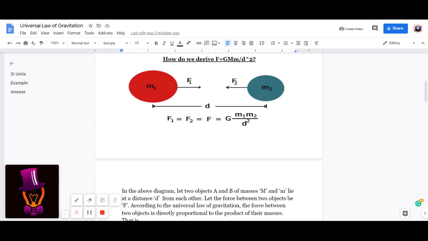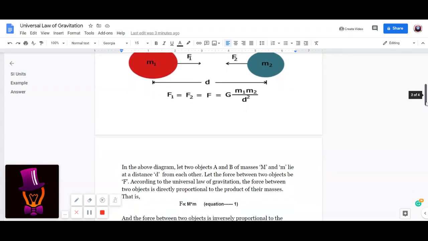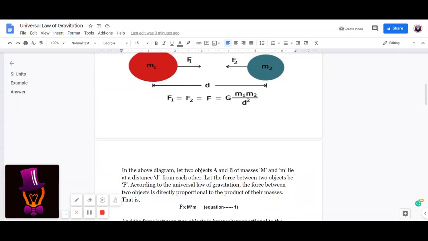This is the distance between them, so it's denoted with d. Let the force between the two objects be F. This is the force exerted on each body.